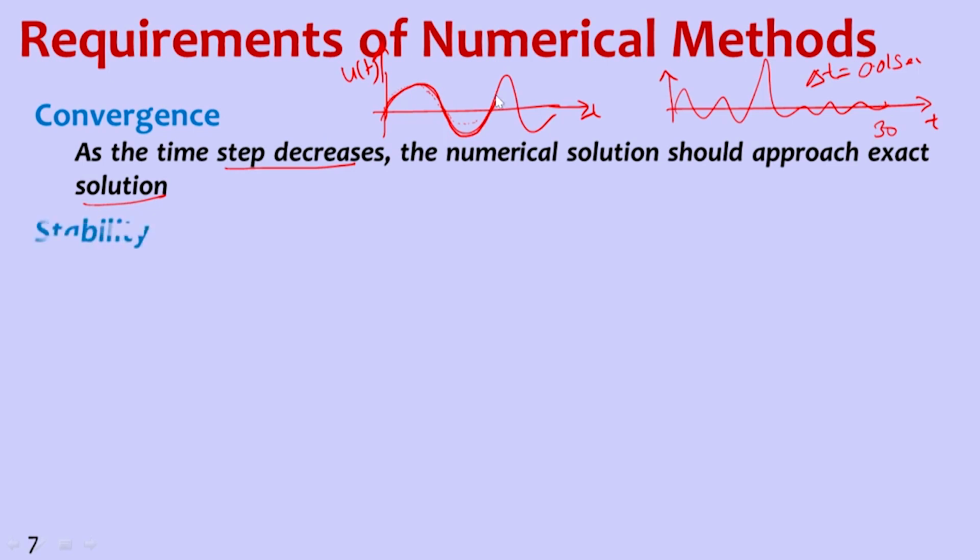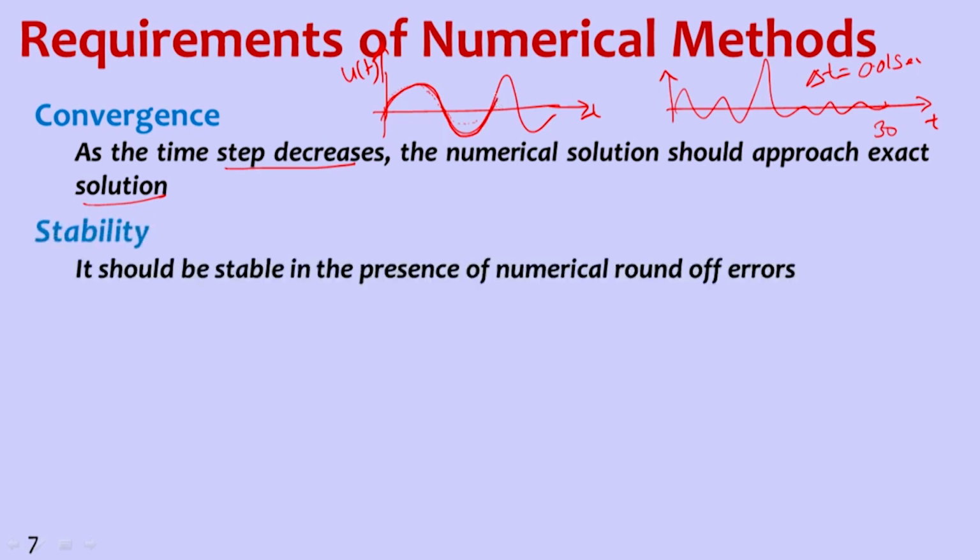The second one is stability. The solution should be stable in the presence of numerical round-off errors. These errors will occur, but the solution should be stable enough, near to the accurate one.